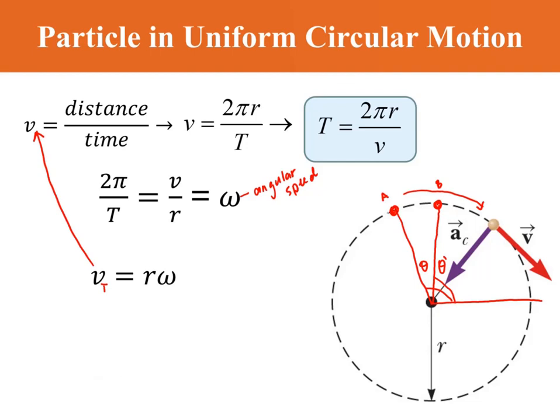So this is tangential speed v_t, and v_t is equal to r omega.